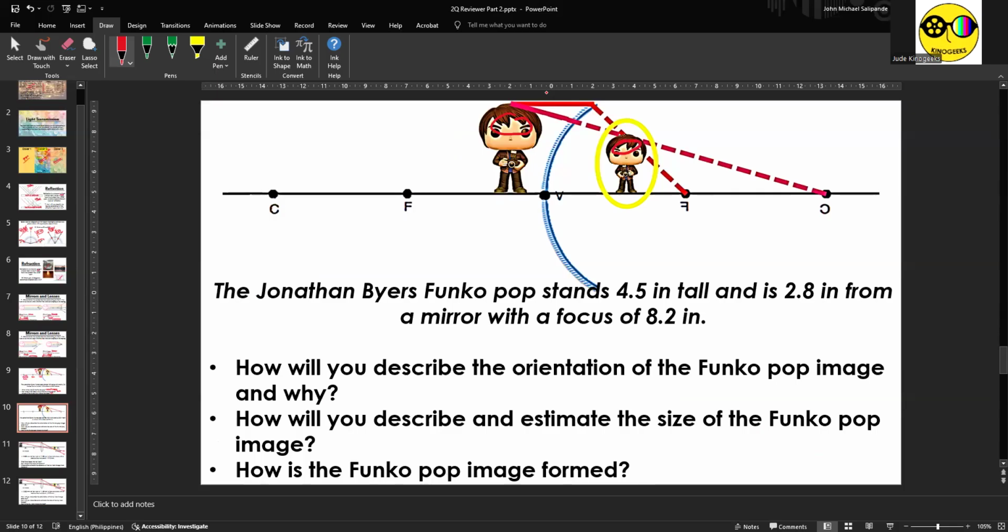So we will describe the orientation of the Funko Pop image as upright and laterally inverted, because the left and right sides of the Funko Pop are reversed while maintaining the same orientation as the object.